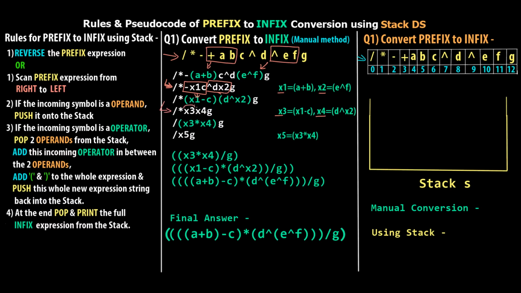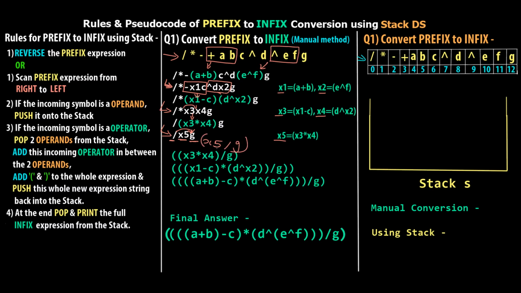Then star will come between x3 and x4, and that would result in x3 star x4. We will assume that as x5, and we will get this, that is divide by x5 and g. So only two operands left with one operator divide by. So we will take that in between, and this is how you get the solution from here, which would be x5 divided by g. This is the final answer.